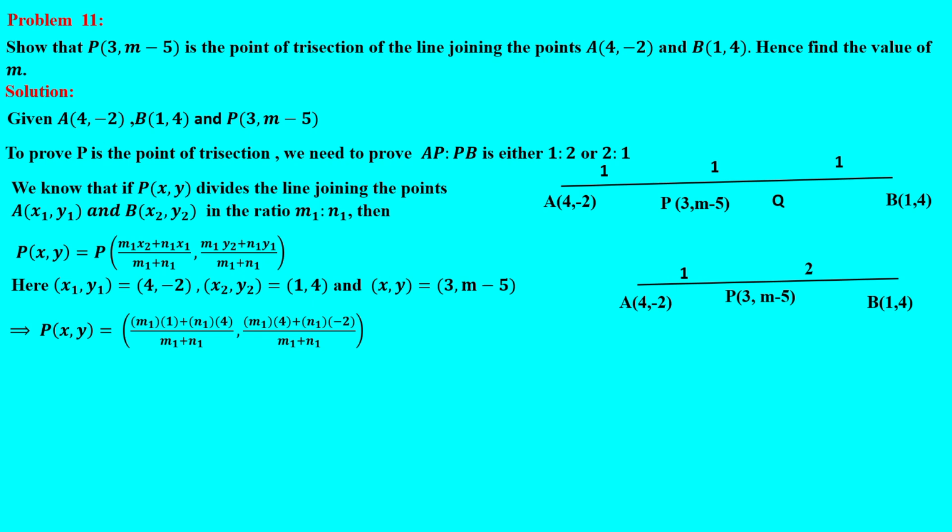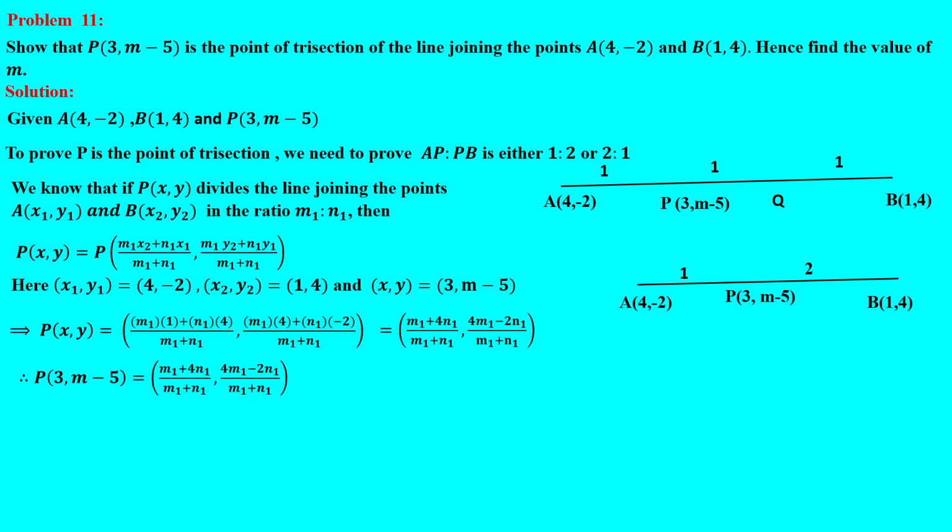So substituting, (m1 into 1 plus n1 into 4) by (m1 plus n1), (m1 into 4 plus n1 into minus 2) by (m1 plus n1). We know (x, y) is equal to (3, m minus 5), so (3, m minus 5) is equal to ((m1 plus 4 n1) by (m1 plus n1), (4 m1 minus 2 n1) by (m1 plus n1)).